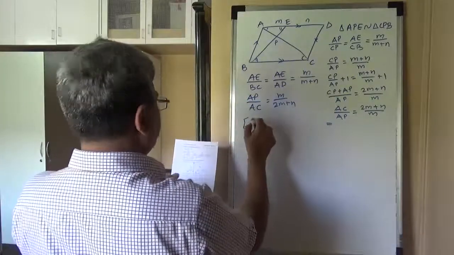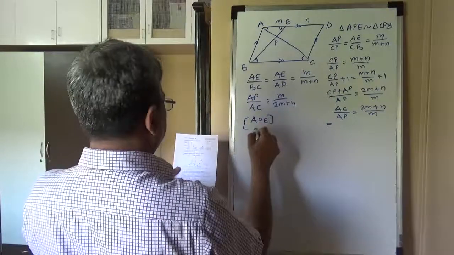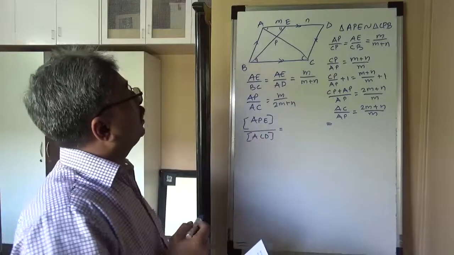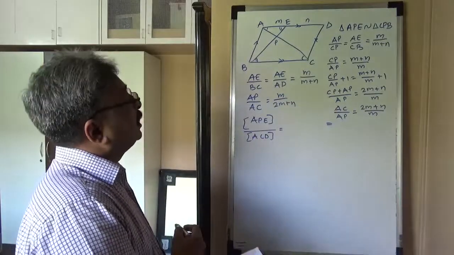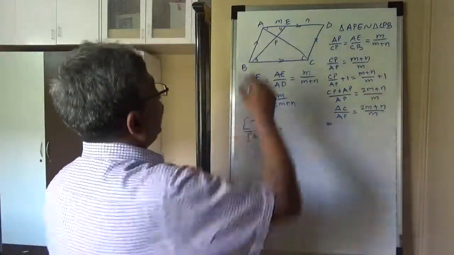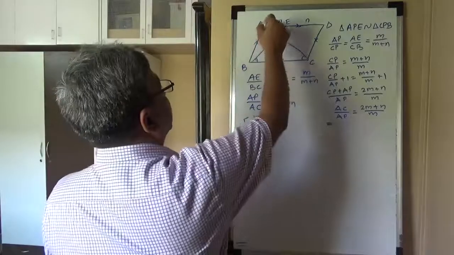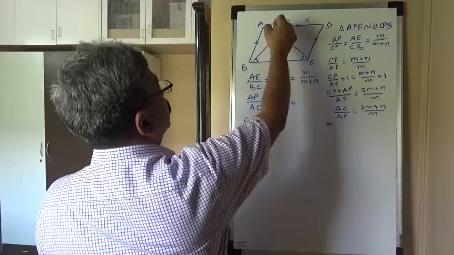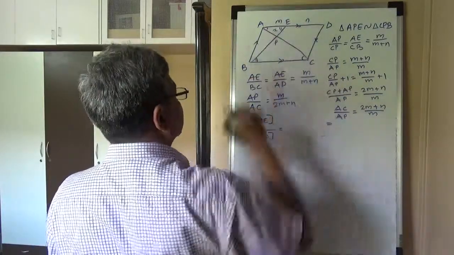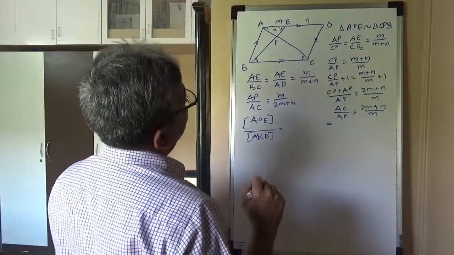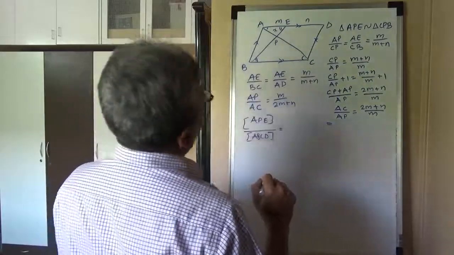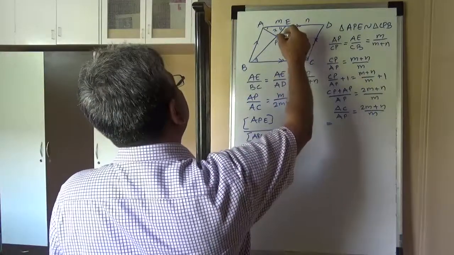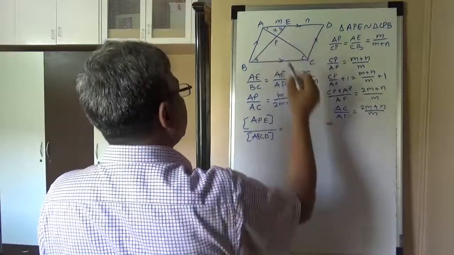Third thing that is asked is area of APE upon area of ABCD. Now this is a little involved. Suppose the area of ABCD is X. If that area is X, what is the ratio PE upon PB?